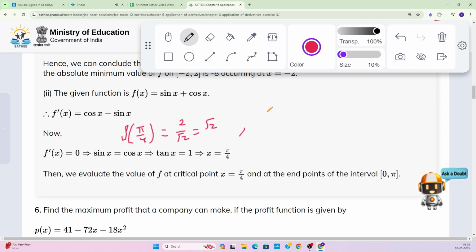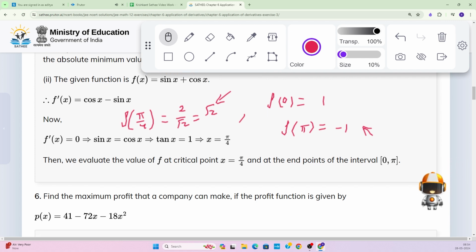Now f of 0 will be 1. f of pi: sin pi gives me 0, and this will be minus 1. So from here you can easily see this will be your absolute maximum, and this will be your absolute minimum. Simple? I hope it is clear to you.